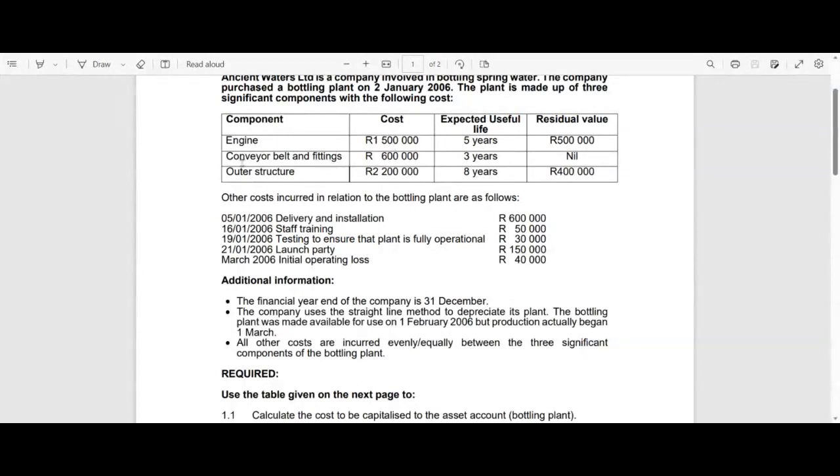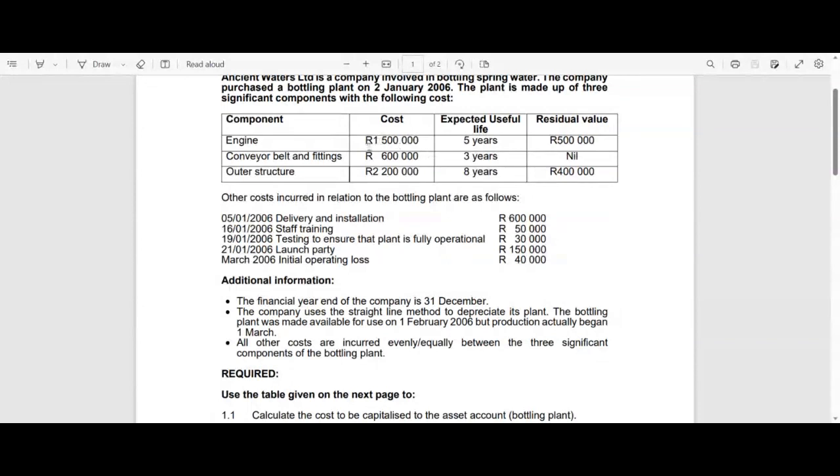Then that plant has got a conveyor belt and fittings with a cost of 600,000, and it has an expected useful life of 3 years. No residual value. And then the outer structure of this plant has got a cost of 2,200,000 rands. It's got an estimated useful lifetime of 8 years, and it's got a residual value of 400,000 rands.